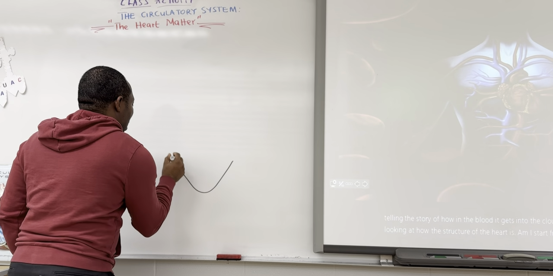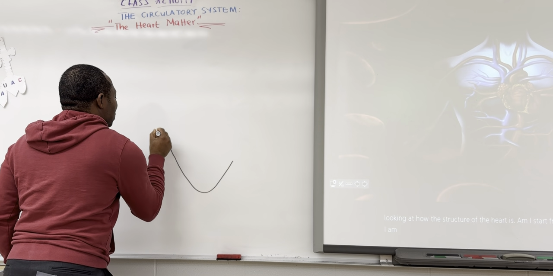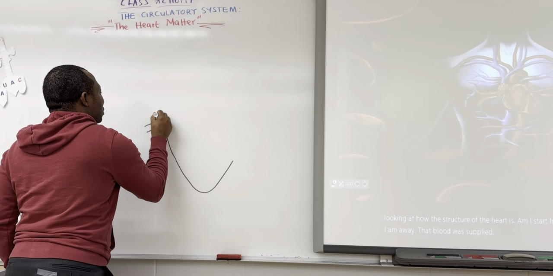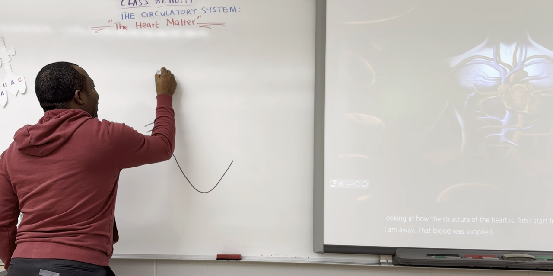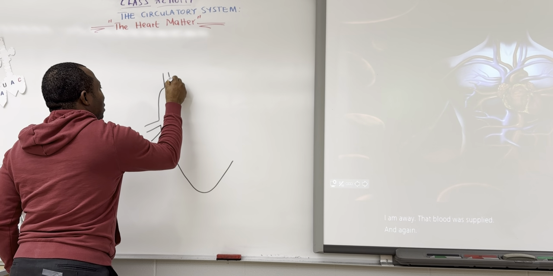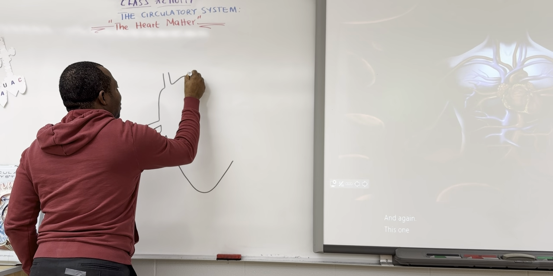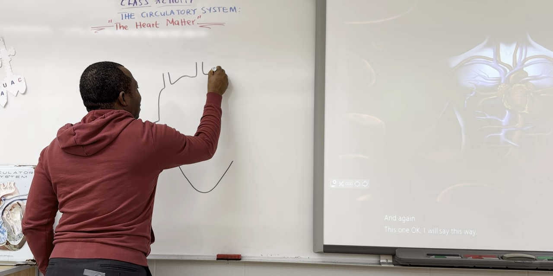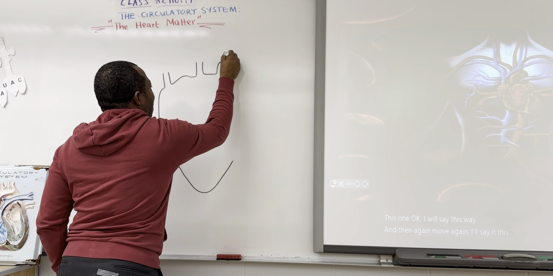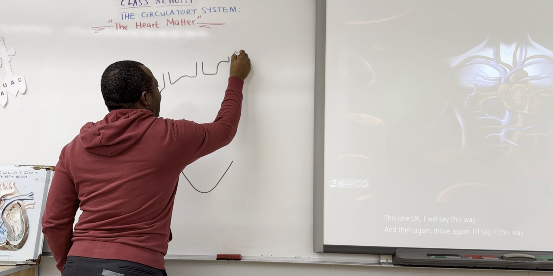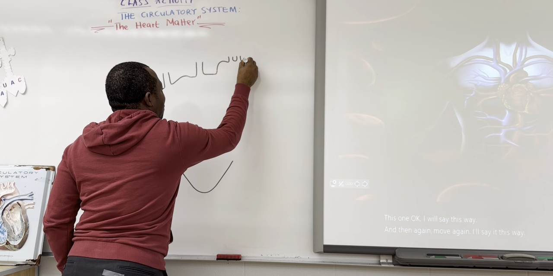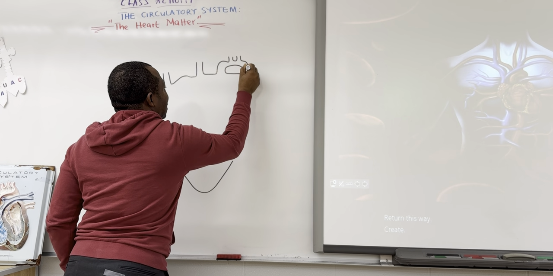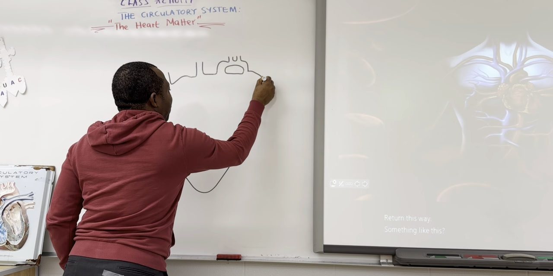Over here, I am aware that blood gets supplied through this, and again this way, and then this way, and then move again this way, return this way, and I might create something like this, and then returning this way.